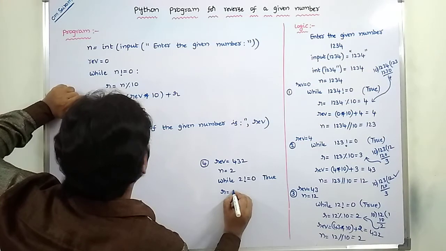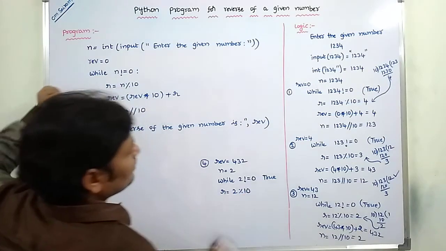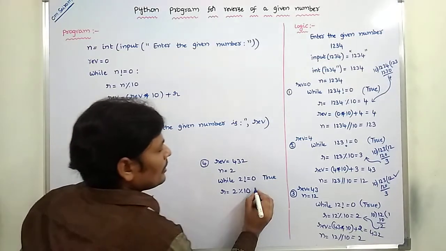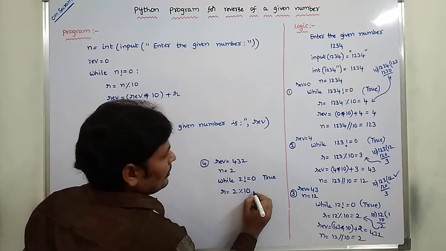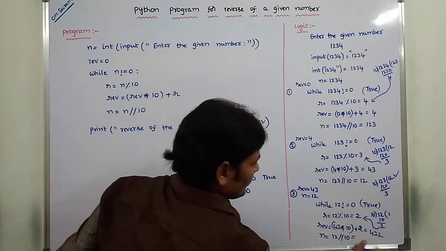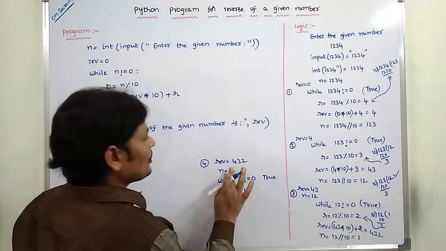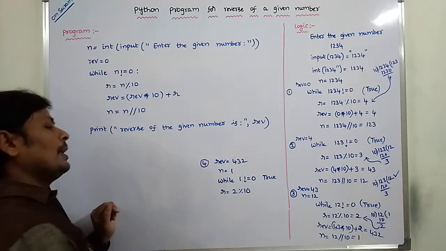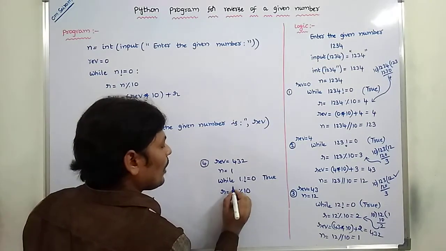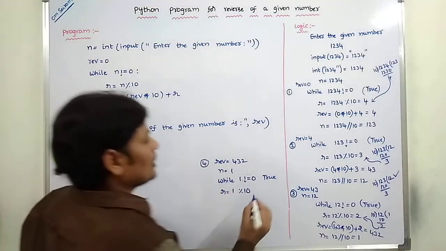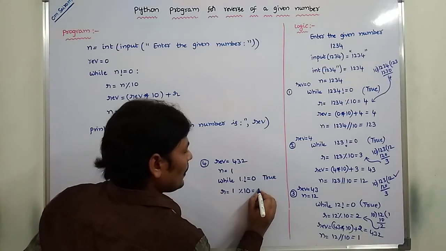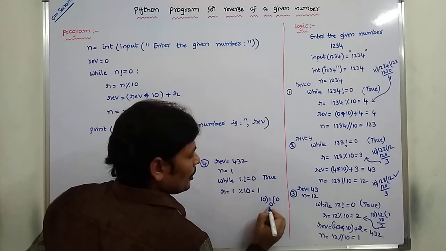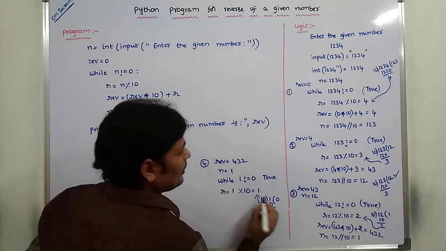R is equal to 1 modulus operator 10, so that is equal to 1. That means 10 divides 1, 0 times, and the remainder is 1.